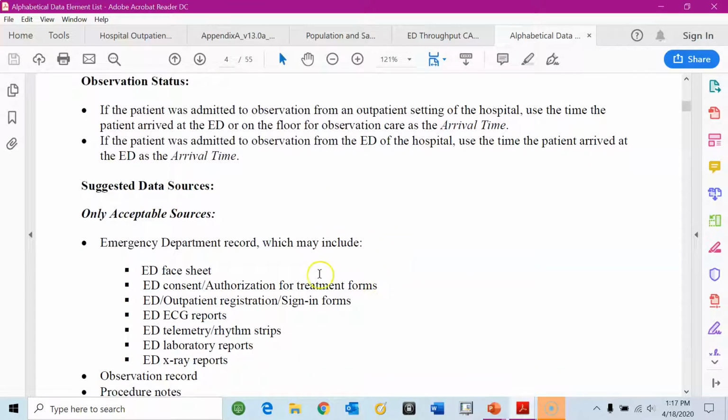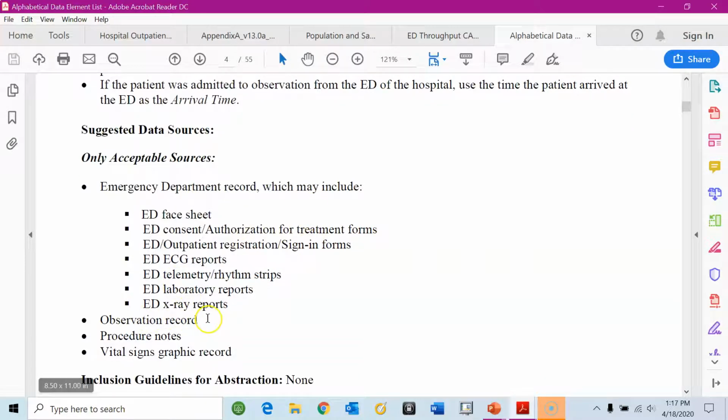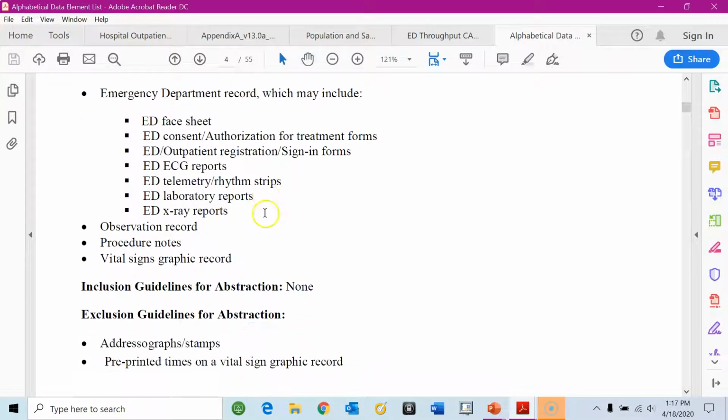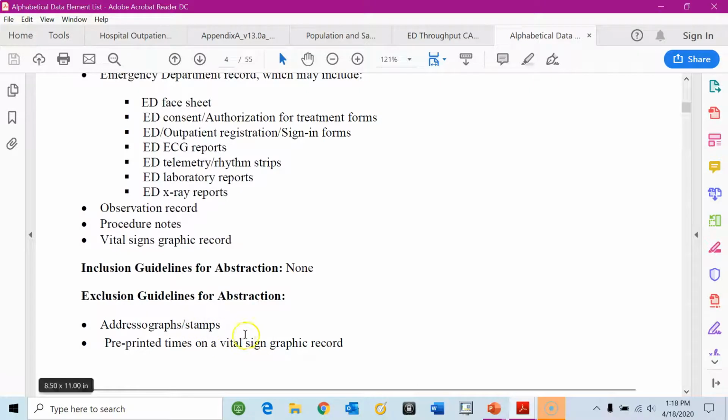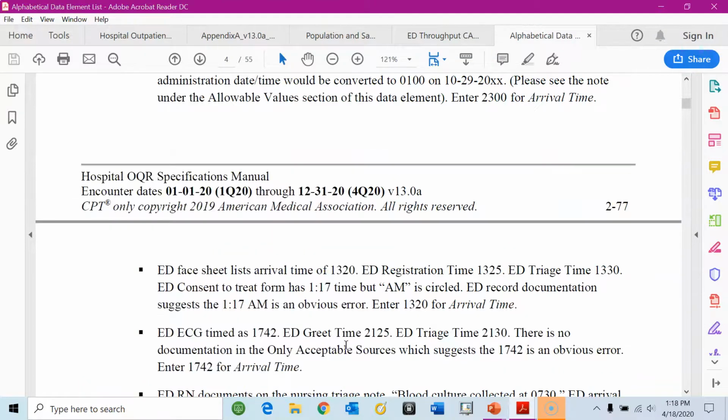So to answer this question, you should be looking at your emergency department record, any of these forms that make up the emergency department record, but that's it. You can use the observation record if the patient would be coming from there. But that's what you're supposed to look at. It also tells you not to look at these if you still have them in your record. So that's how you read these instructions.